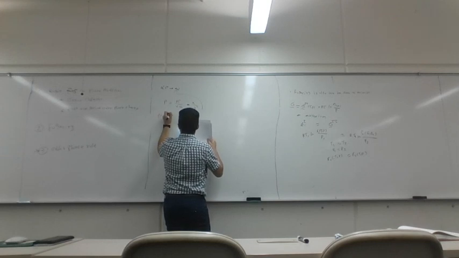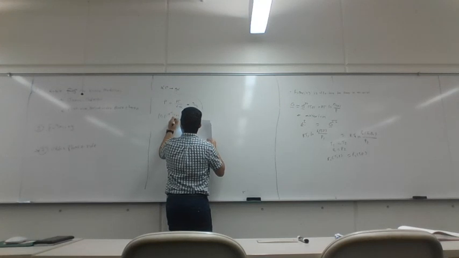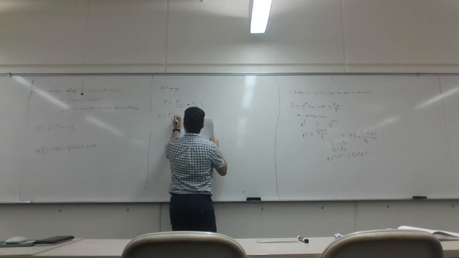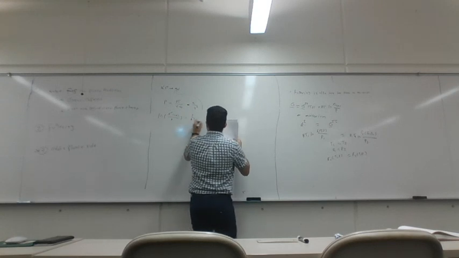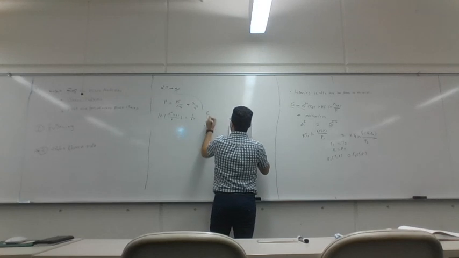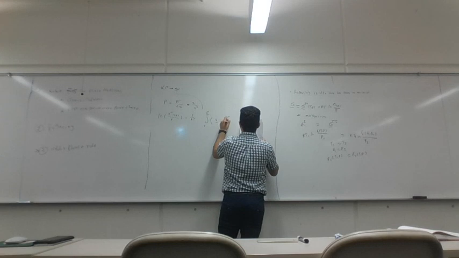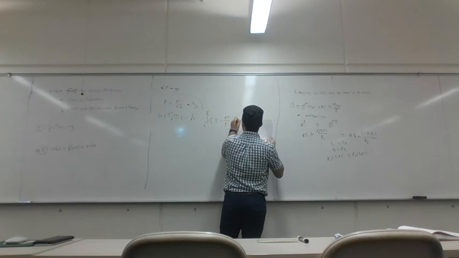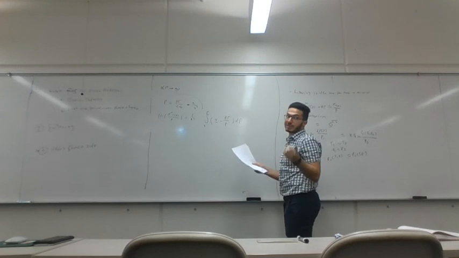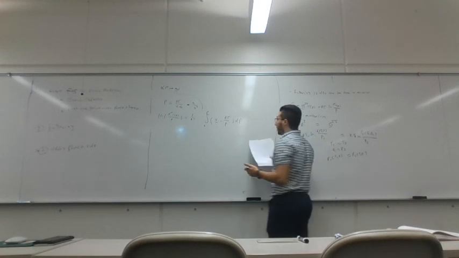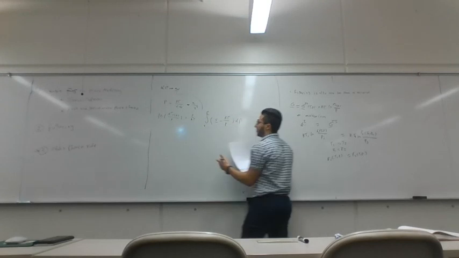We have ln of fugacity over P equal to 1 over RT integral from 0 to P of V minus RT over P dP. I will do the same transformation again. It's in your second homework, you will do it yourself. I will just change dP to dV and rearrange the terms.